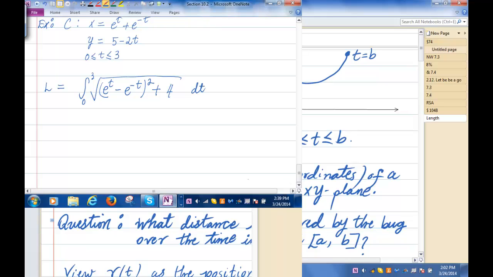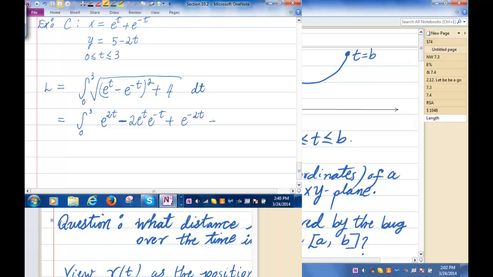So let's see what we could do here. Let's just expand the square and see what we get. If I expand the square, what do I get? e to the t whole squared, so that's e to the 2t. And then what else do I get? I'm going to get 2 times e to the t, e to the negative t, and e to the negative 2t.